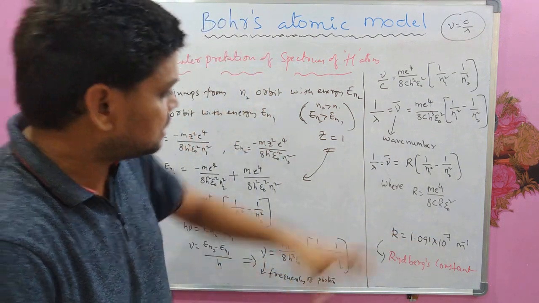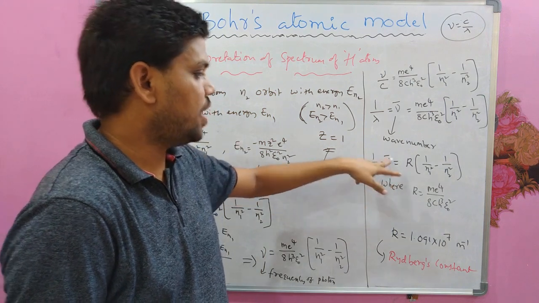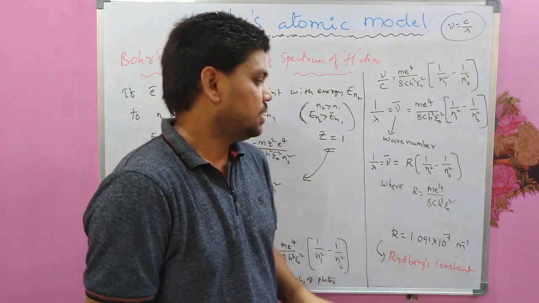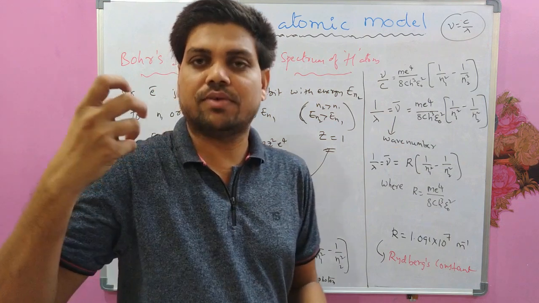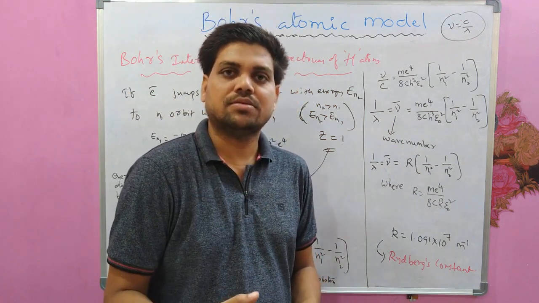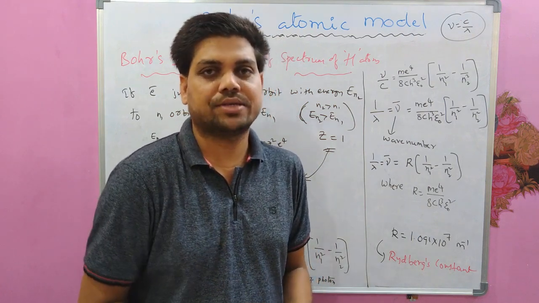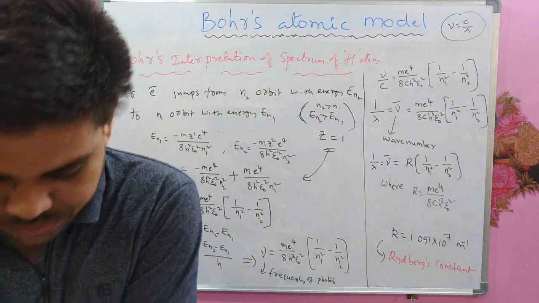And based on this formula, inverse of wavelength or wave number, depending on the transition of electron between which orbit to which orbit, we have some possible spectral series of hydrogen atom. So we will see that now.